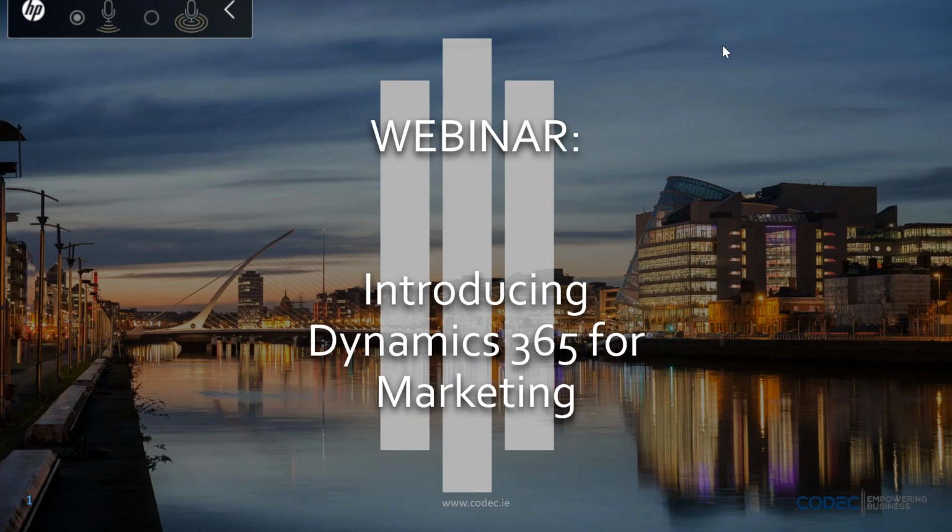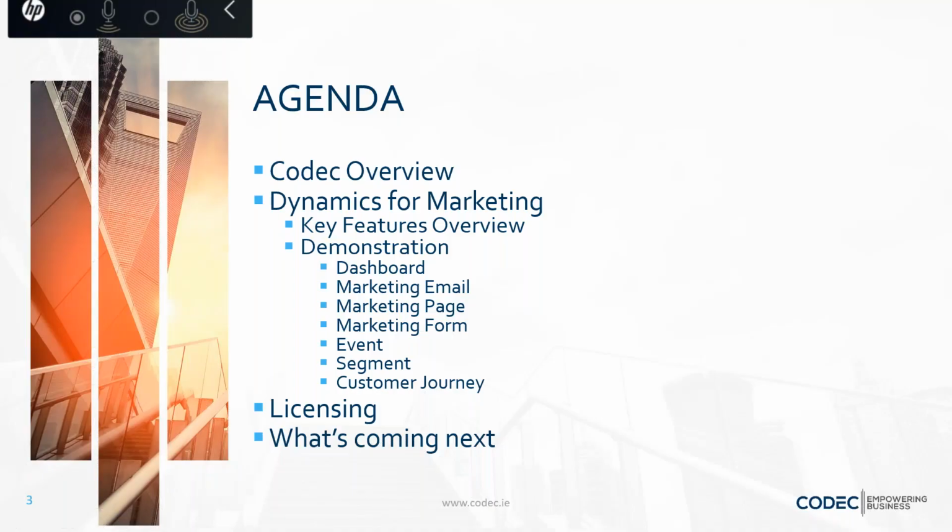So today we are going to talk about a Codec overview and also Dynamics for Marketing. I'm going to talk a little bit about the key features overview and also do a demonstration that will consist of dashboards, marketing email, marketing page, marketing forms, events, segments, and customer journey.